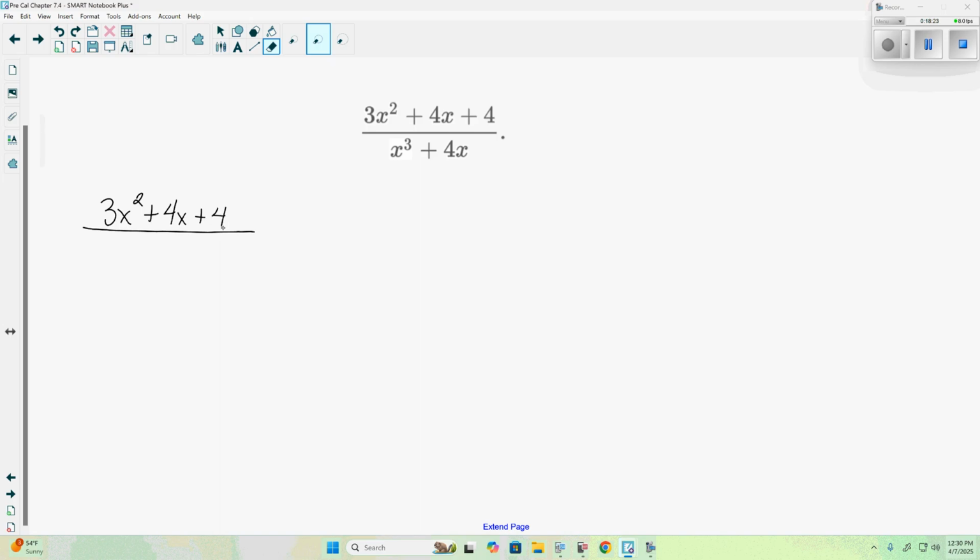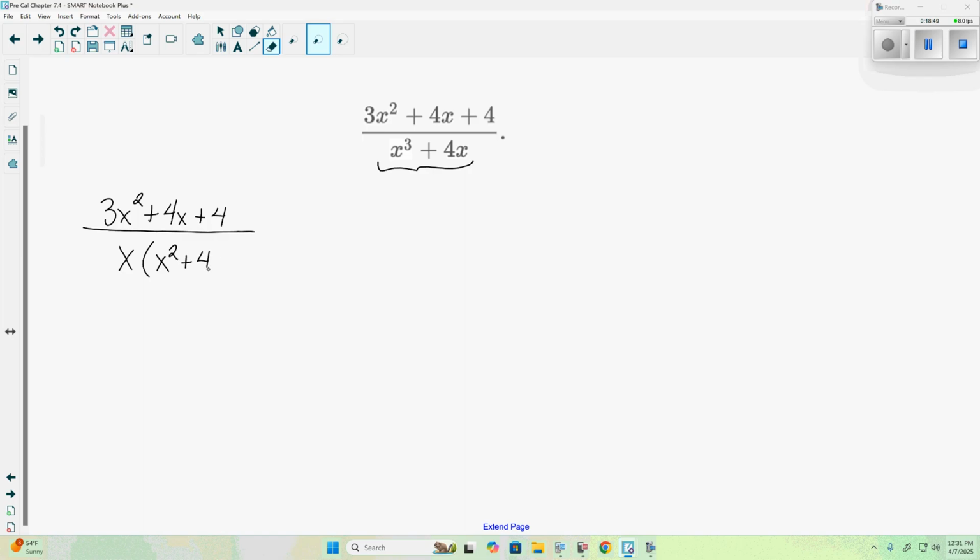Now for this one here, the degree of the top is 2, because the biggest exponent attached to a variable is 2. The degree at the bottom is 3, because the biggest exponent attached to a variable is 3. Now we don't factor the top, but we do want to factor the denominator as far as possible. X cubed plus 4x has the greatest common factor of x, and we can factor it out first.